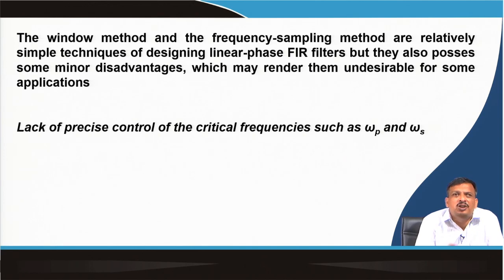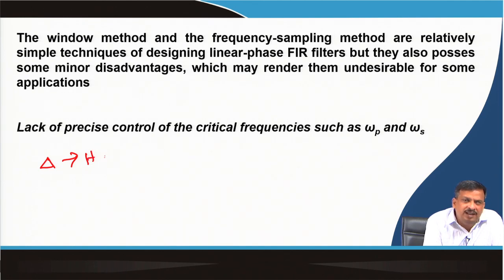If I use windowing methods, the transition bandwidth depends on what type of window I use. If I use a rectangular window, then the transition bandwidth is 4 pi by M, which is less.